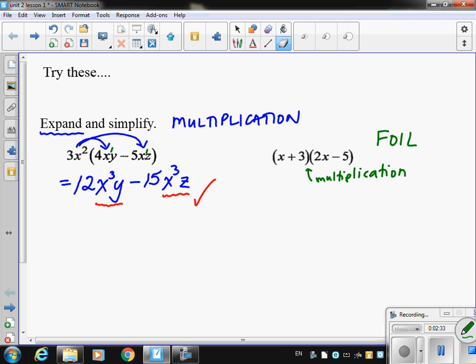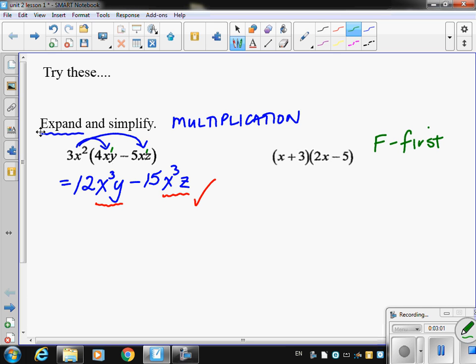I'm multiplying the x by 2x and minus 5. I'm also multiplying the 3 by 2x minus 5. So four multiplications are going to happen. FOIL is to help me to remember to do them all. So FOIL stands for firsts, outside, inside, last.